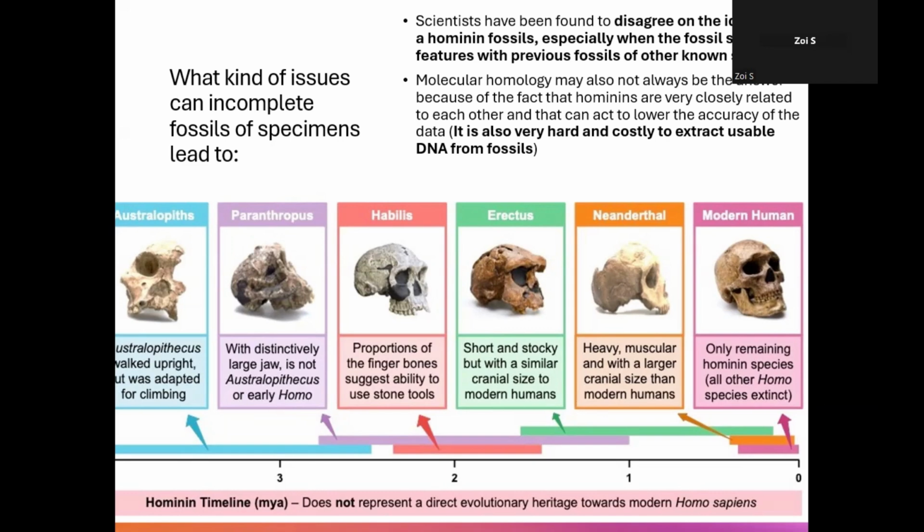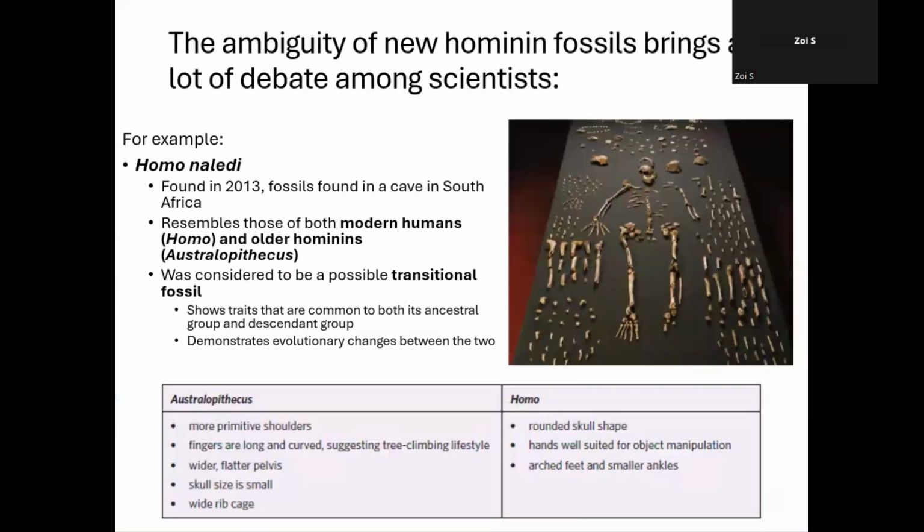And it's also a very emerging field where we are learning how to extract DNA from fossils that have been found. So we have only painted a very general picture so far based on the information that we found. There are still new discoveries that have to be placed within this entire picture that we haven't been able to do accurately. And that lends itself to a lot of interpretation.